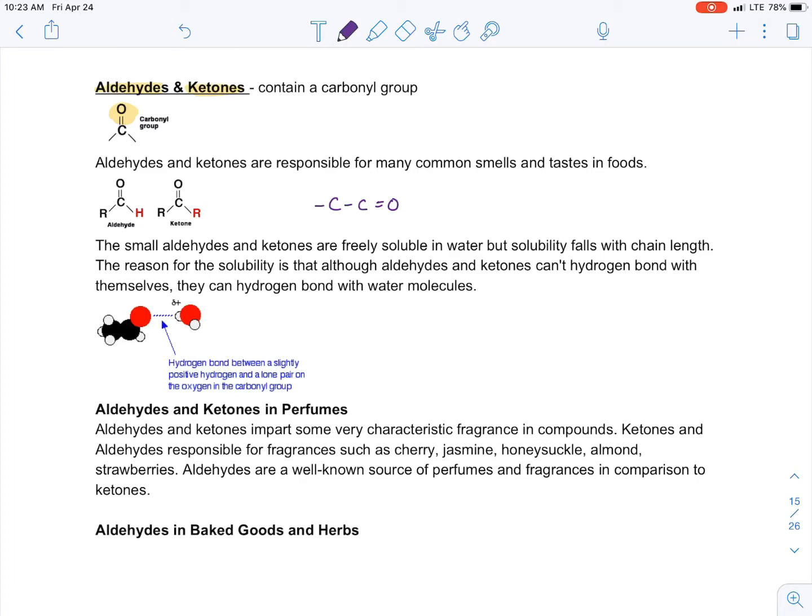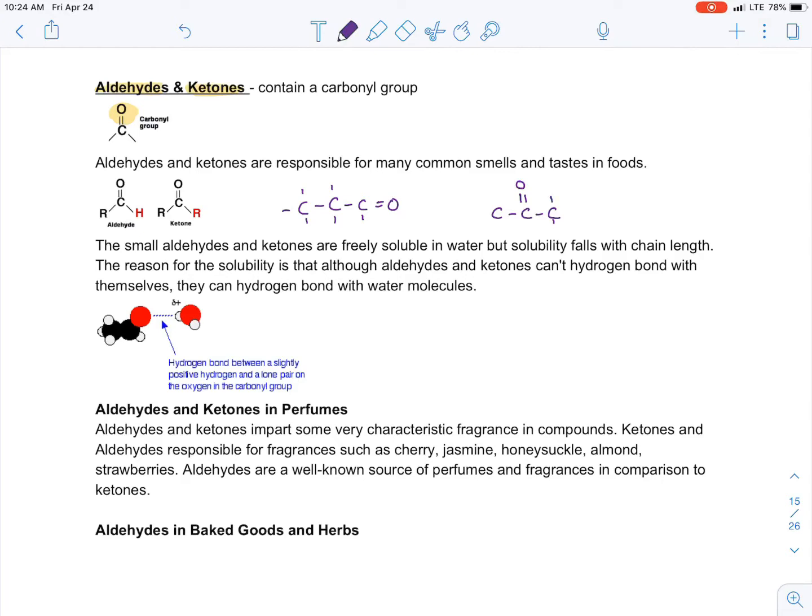I just drew three here. That's fine. That'll work, right? So we need four bonds: 1, 2, 3, 4. So that would be an aldehyde. The double bonded O is on the end carbon. A ketone, the double bonded oxygen is going to be on a carbon that's not on the end.